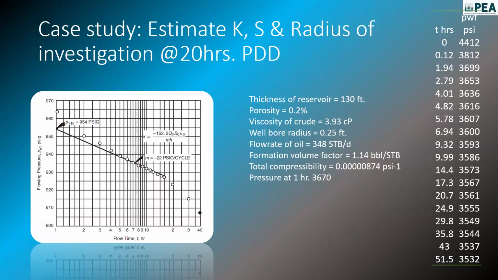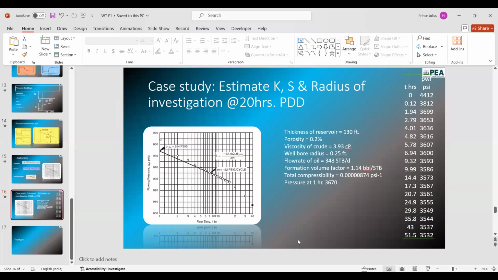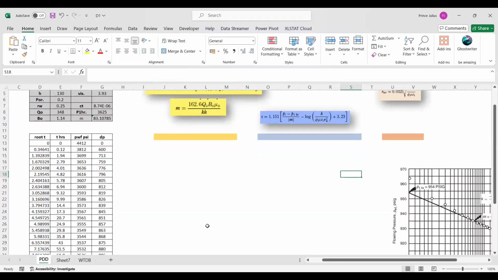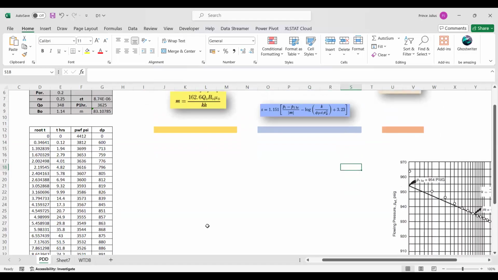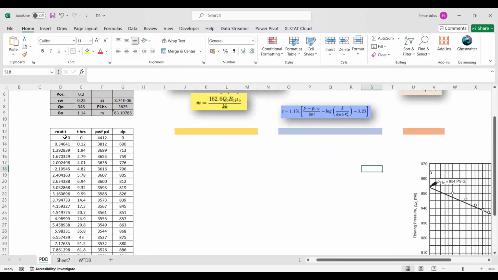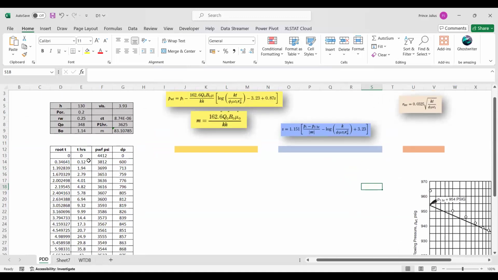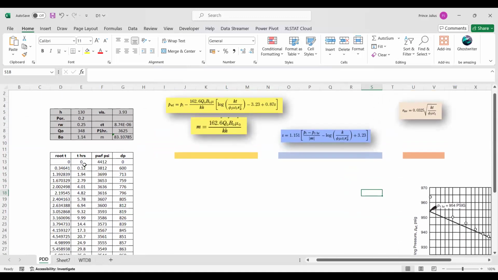So let me take this to Excel, and we will try to do this problem. If you have Excel with you, you can just open it. The values that you have seen, I kept here. Two things I have additionally kept, root t and delta P. Forget about those; currently we don't have anything to do with these two.